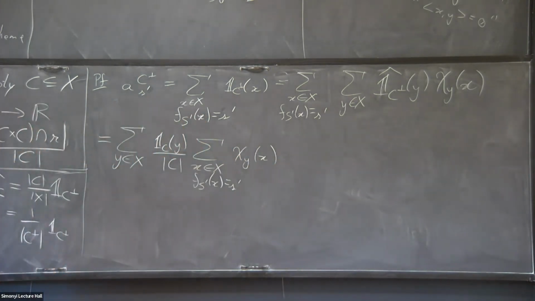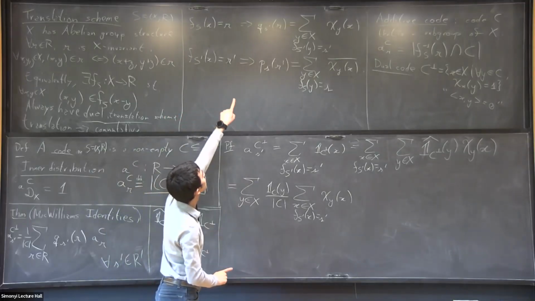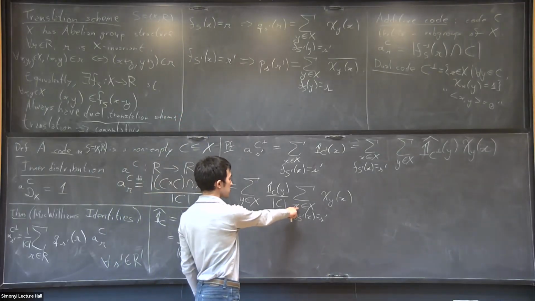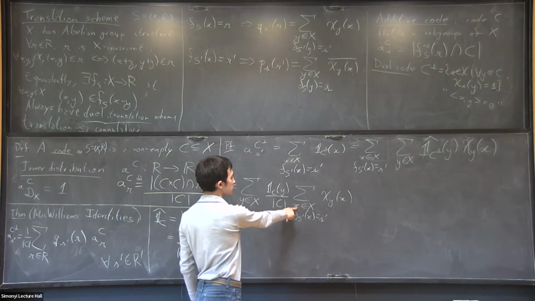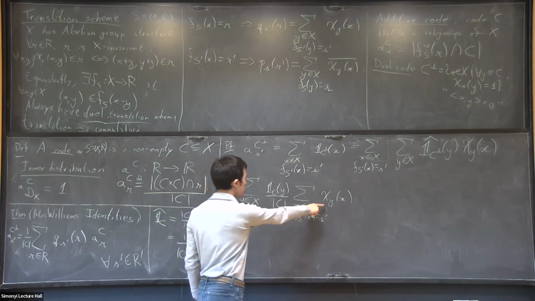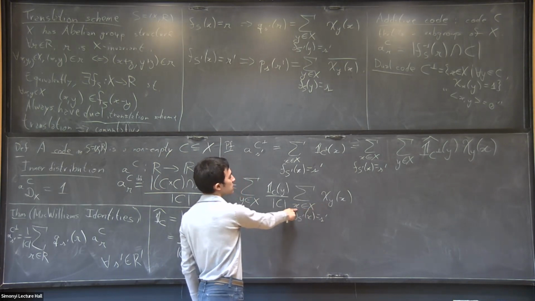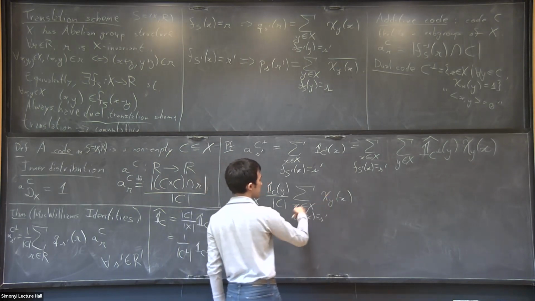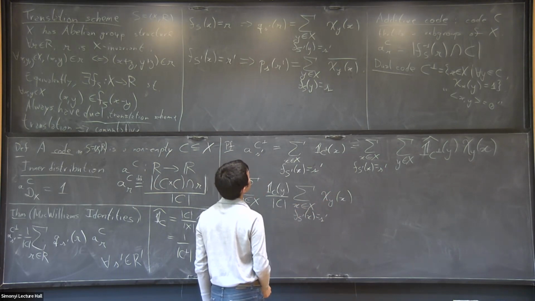Okay. And now it's nice because now we can use one of these two formulas, which is the top one, because if I knew what the relation of X was, then, sorry, if I know what the relation of Y was, then I'm just summing over all characters of a certain dual relation, right?